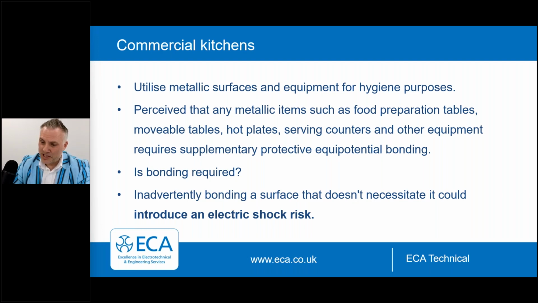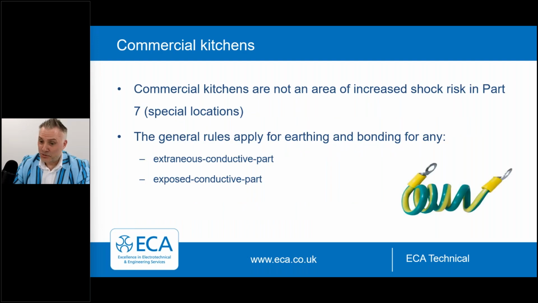So by putting green and yellow conductors and bonding surfaces together, such as tables, chairs, windows, etc., if there is a fault, then we're liable to put voltage onto that surface. So as we said before, kitchens are not a special location. They're not in Part 7. So the general rules apply here, and that's for extraneous conductive parts.